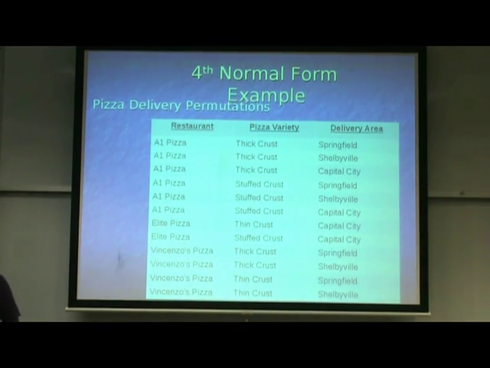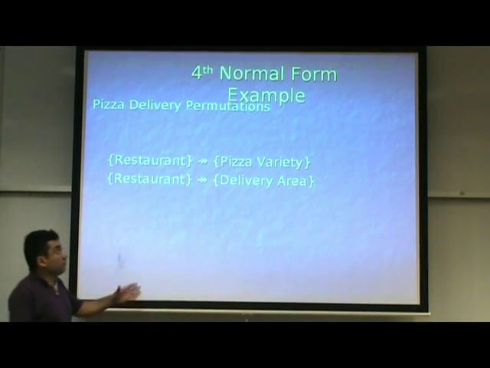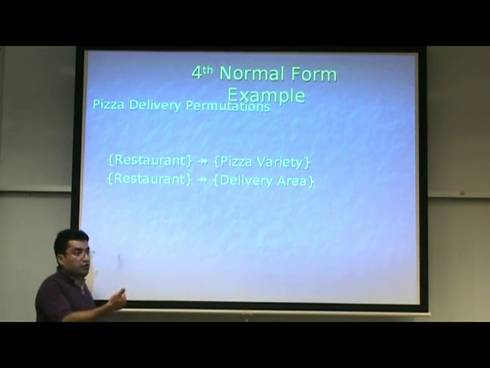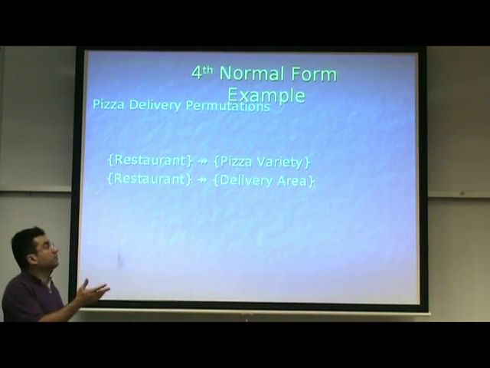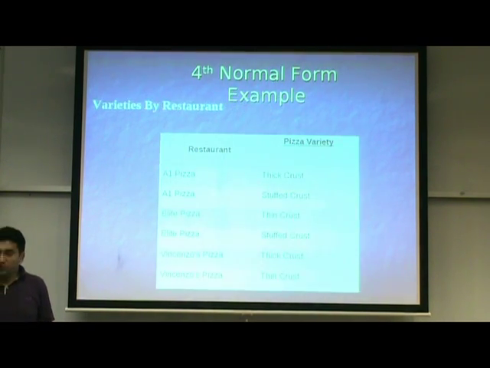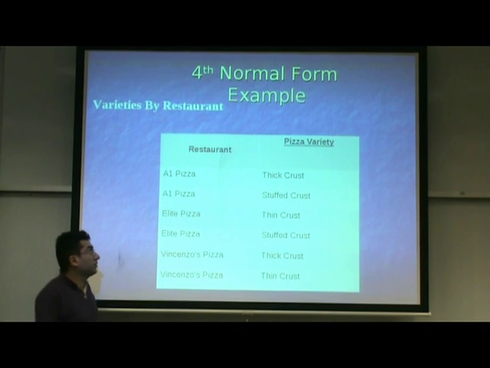But we know that each restaurant has different types of pizza cooking. So we know that restaurant has a one-to-many relationship with pizza variety, and also restaurant has a one-to-many relationship with delivery area. Therefore, we can divide this into these tables.